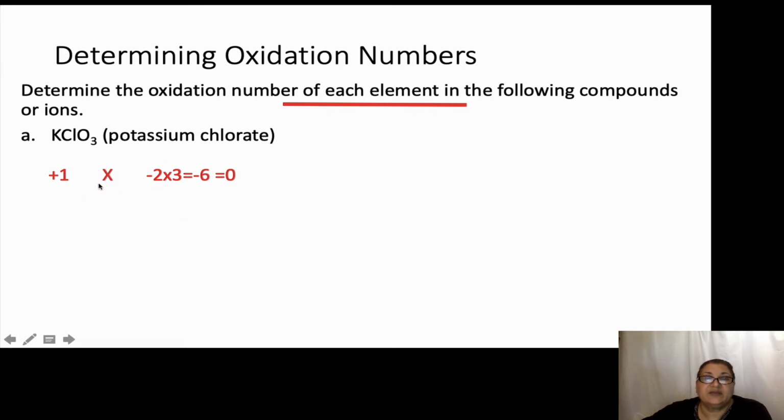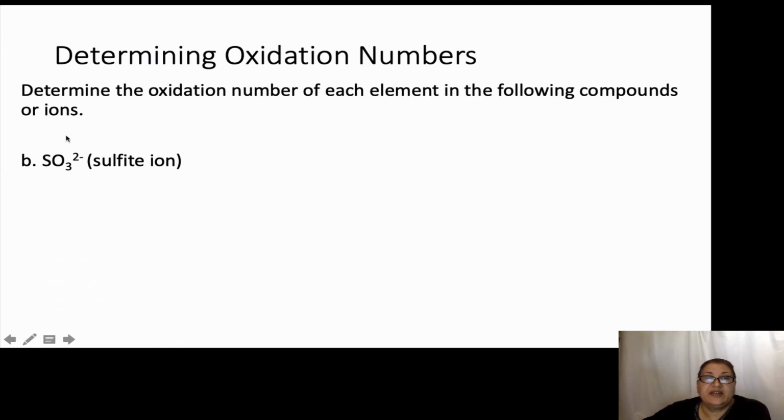To solve for x, we move everything to the other side. -6 goes to the other side and becomes positive, +1 goes to the other side and becomes negative. +6 minus 1 is +5. So to summarize, K is +1, oxygen is -2, and chlorine is +5.